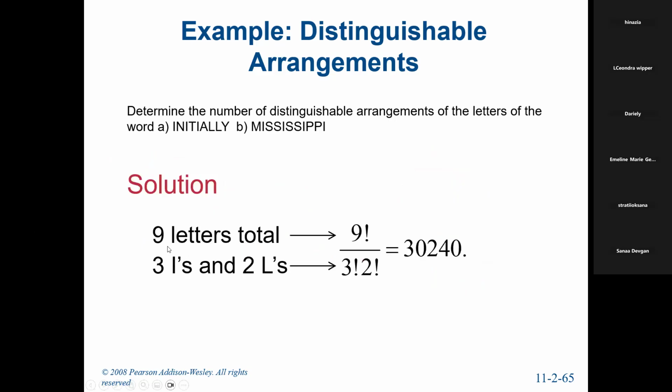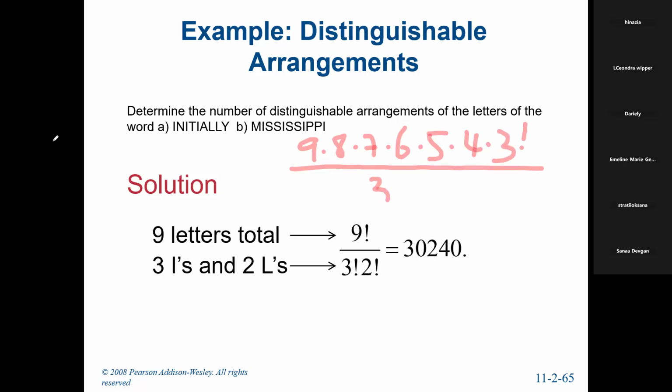See? 9 letters total. So that's 9 factorial. 3 I's and 2 L's. So that's 9 factorial over 3 factorial, 2 factorial. When you do this calculation, you stop at 3 factorial. So 9 factorial would be 9 times 8 times 7 times 6 times 5 times 4. And then you stop at 3 because 3 is greater than 2.